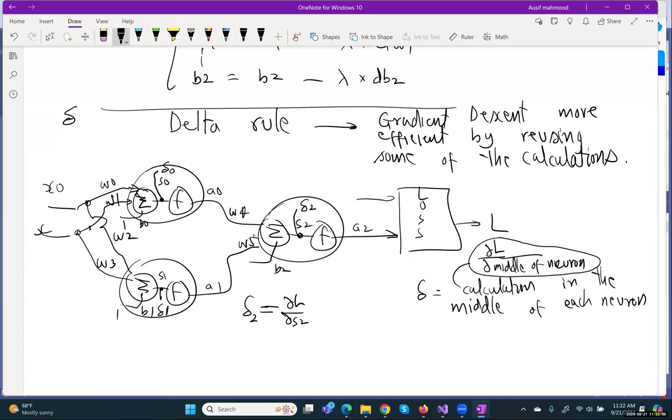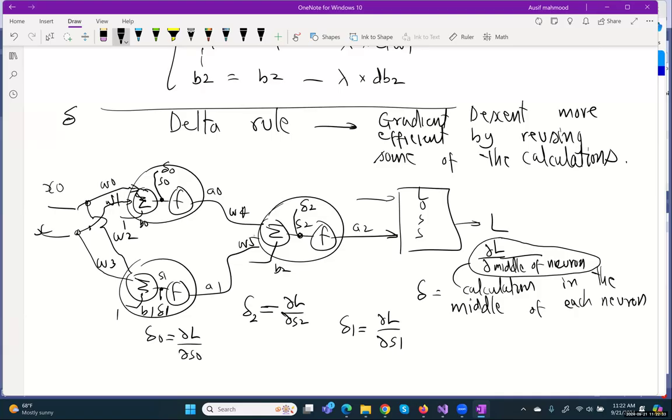Similarly, can you tell me what will delta 1 be? Partial L over partial S1, because we call this S1. Similarly, what will delta 0 be? Partial L over, this is S0, so partial S0.